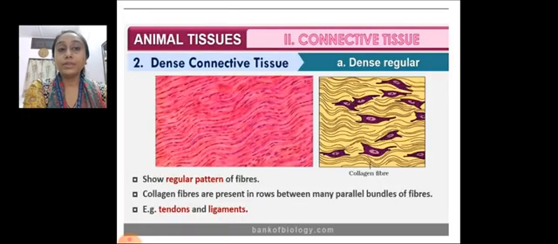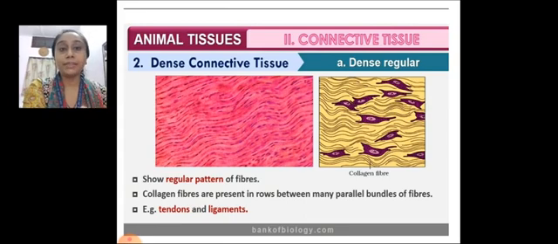In dense regular connective tissue, the fibers as well as the fibroblasts are arranged in a regular fashion. The collagen fibers are present in rows, and all the rows are parallel to each other in the form of bundles.